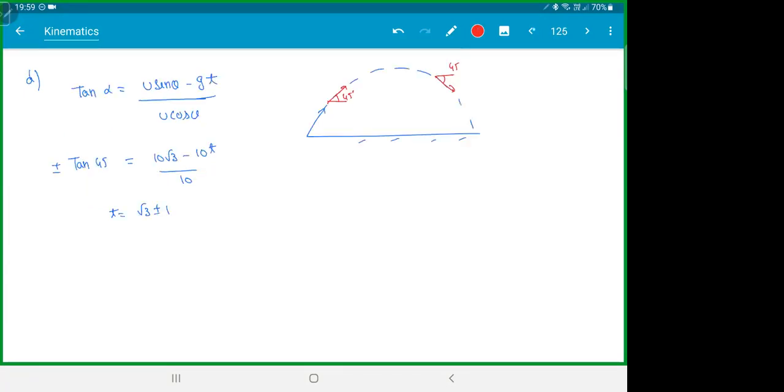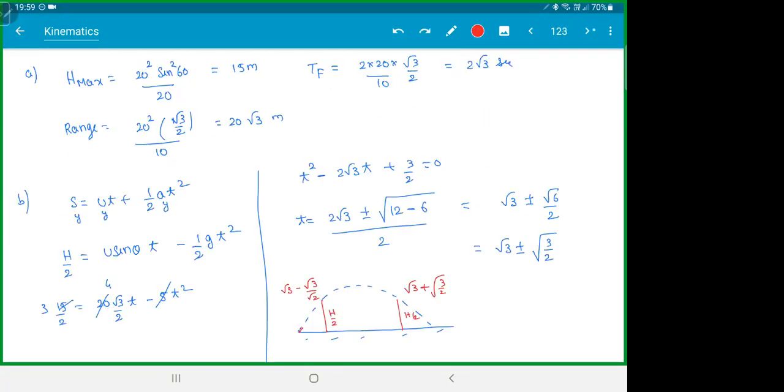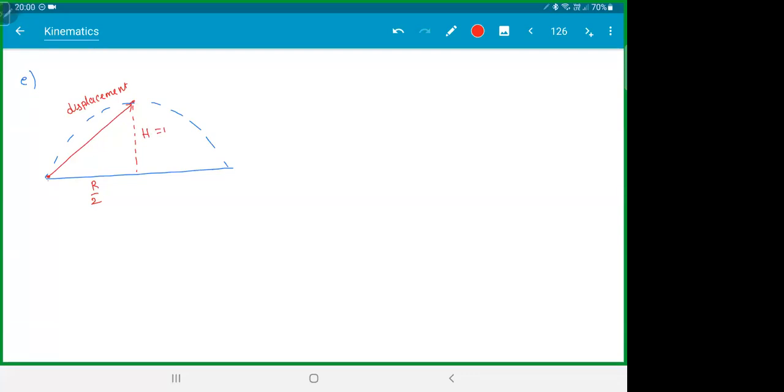H is how much? 15. R by 2 is how much? 10 root 3. So displacement will be square and add them. So displacement will be root over h square plus r square by 4.